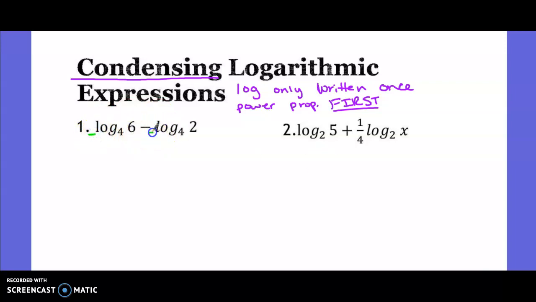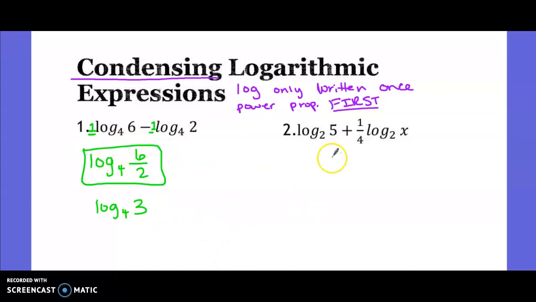Since there isn't a number here or here, it's just 1. Well, there's no exponent other than 1. So log base 4, the property is the quotient property since it's subtraction, and we'll just do 6 over 2. And we're just rewriting it. There's no need to simplify this, but yes, it does simplify to log base 4 of 3. So log base 4 of 6 divided by 2 is the same as log base 4 of 3. But this was just to condense it.